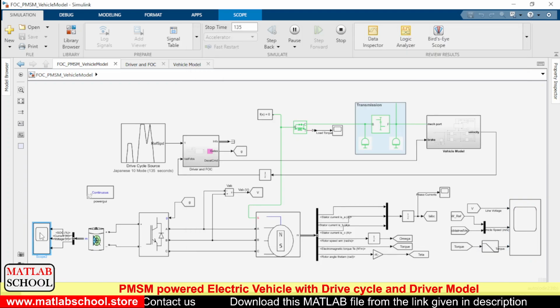So we can open the SOC of the battery, battery's parameters.